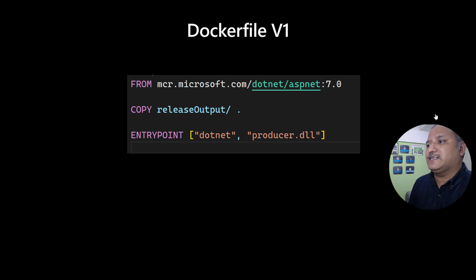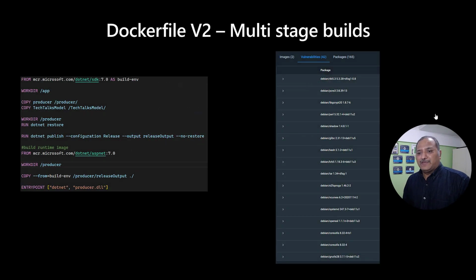So we started with the Dockerfile V1 version, which is the vanilla version, where we just copy the release output by building the application on our machine and then just using a base image for ASP.NET 7.0 and copying that output of the build into this.